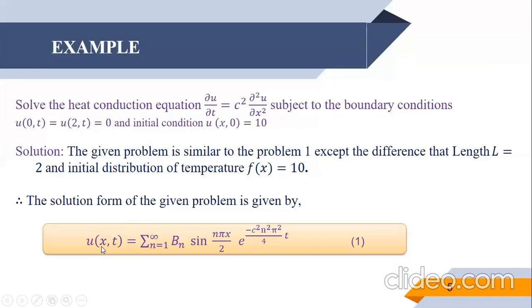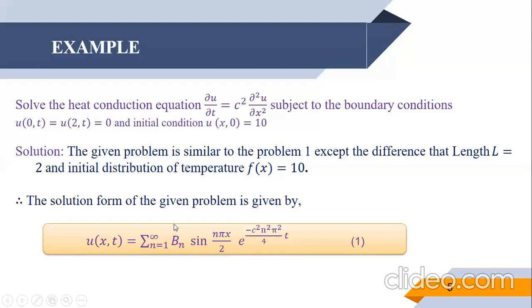So we write u(x,t) is equal to summation n is 1 to infinity b_n sine(n pi x by L), but L we consider to be 2, e raised to minus c square n square pi square by L square, L is 2, so by 4 into t. So this is the solution of the given problem with boundary condition and initial condition.